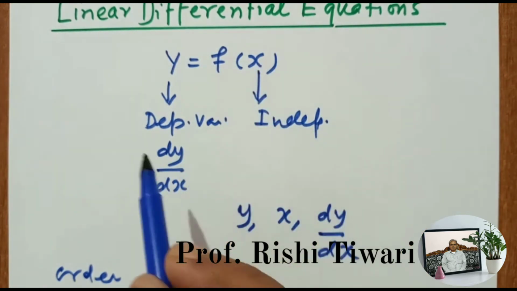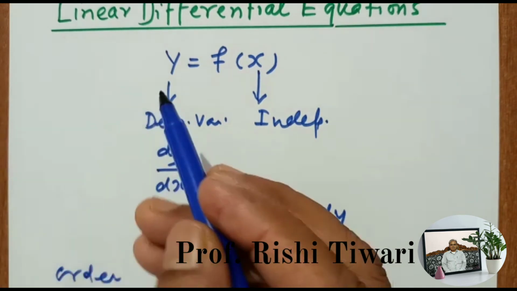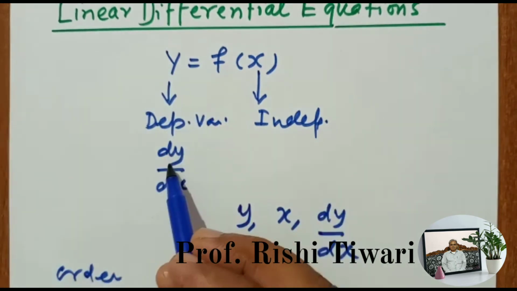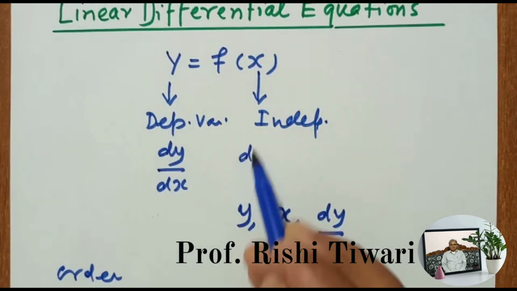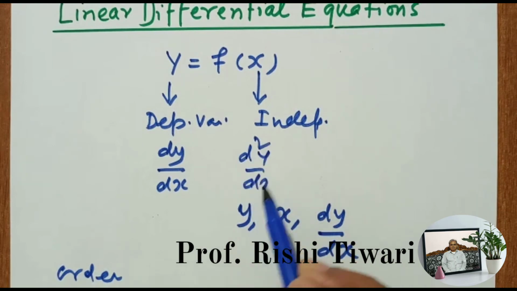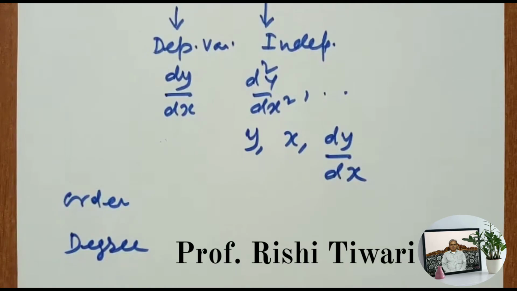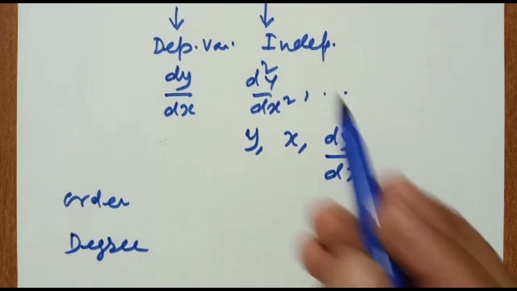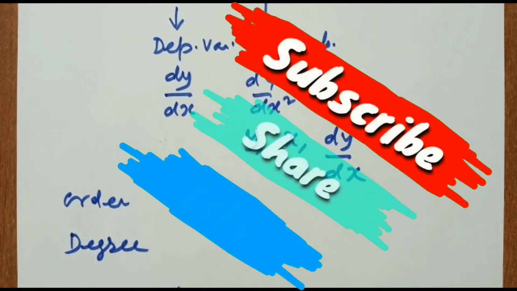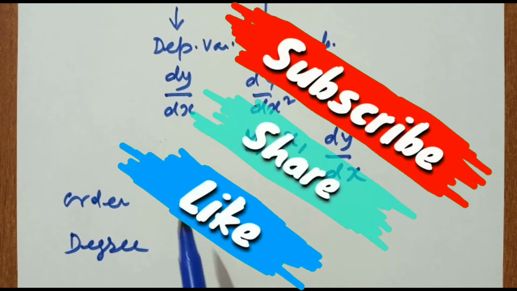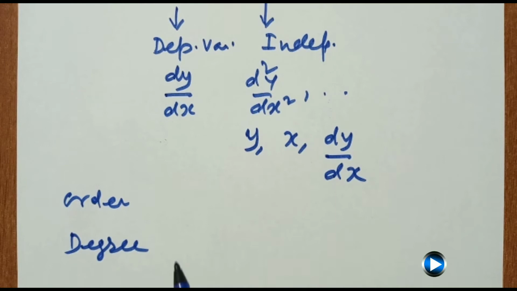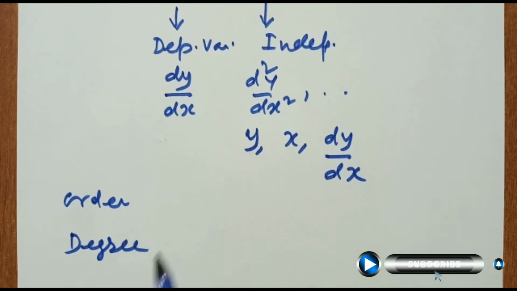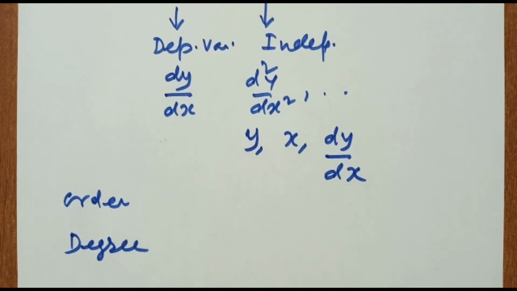How many times you differentiate, meaning dy by dx or d2y by dx2 or d3y by dx3. In your differential equation, how many differentiations are used? This is called the order. And the degree of the highest order derivative of the differential equation is called the degree.